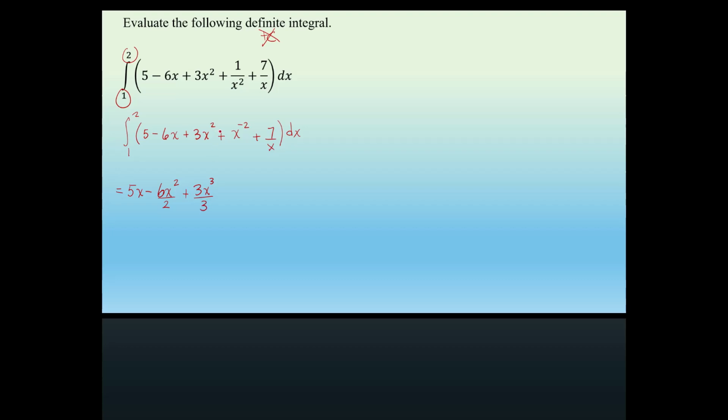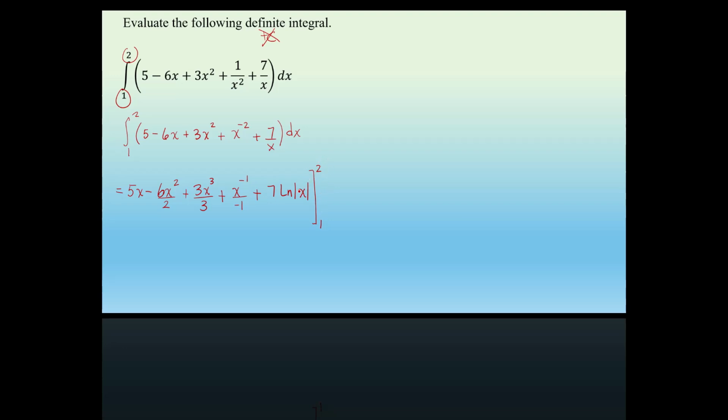Add 1 to the power, divide by the new power, plus x to the -1, divide by -1. Add 1 to the power, divide by the new power, plus 7 times ln absolute value of x. Evaluate from 1 to 2. Of course, we'll plug the 2 in first.